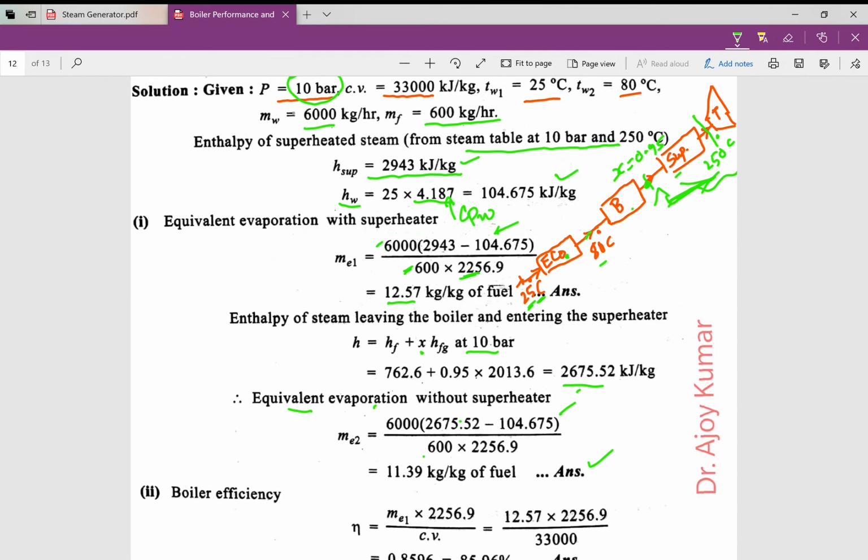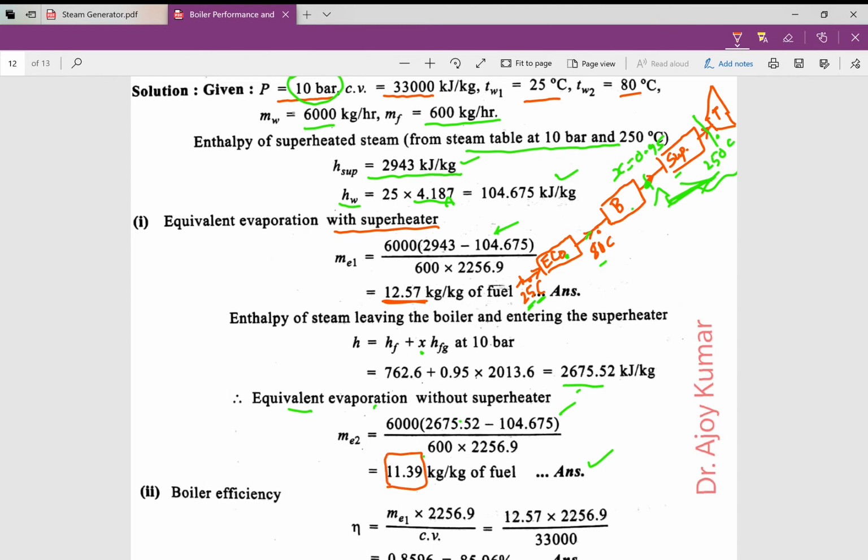Values of equivalent evaporation in both cases. Watch it. Which value is more and why is it so? When superheater is introduced, equivalent evaporation is 12.57. Without superheater, the value is 11.39.